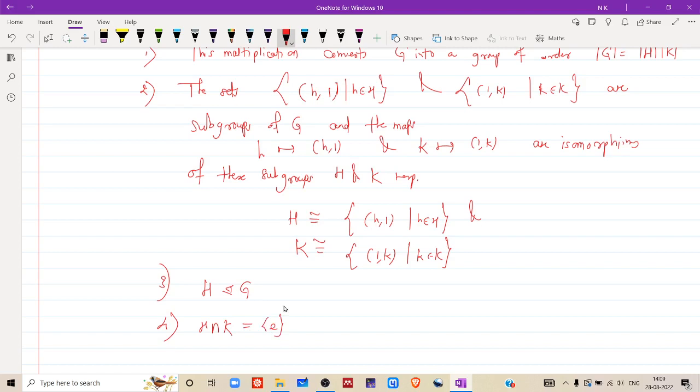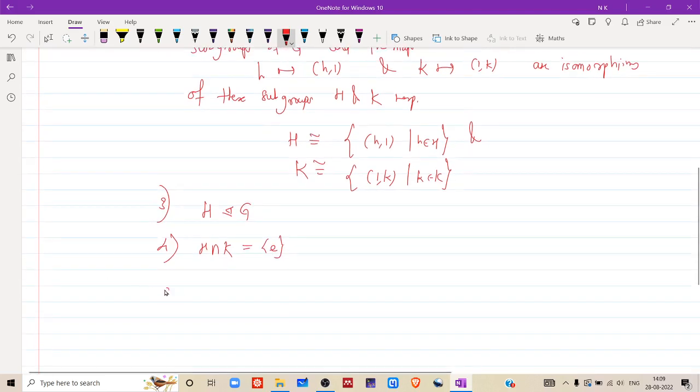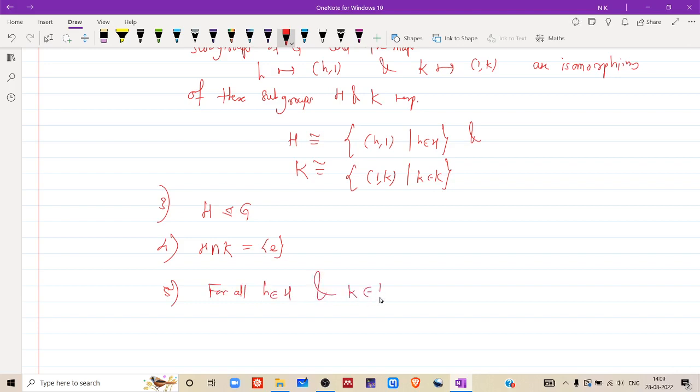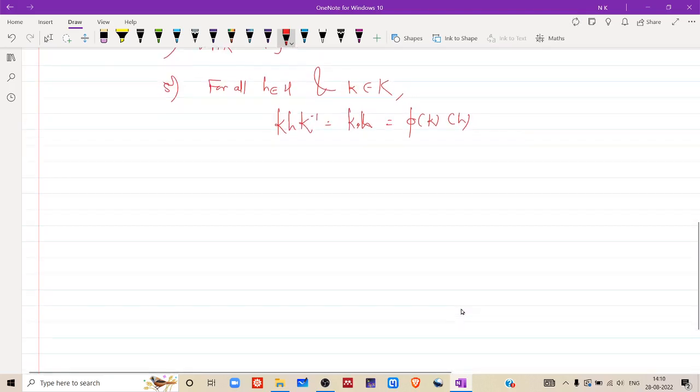And the last, the fifth part: for all h belonging to H and k belonging to capital K, k h k inverse is equal to k dot h, the action, which is nothing but phi of k applied to h.